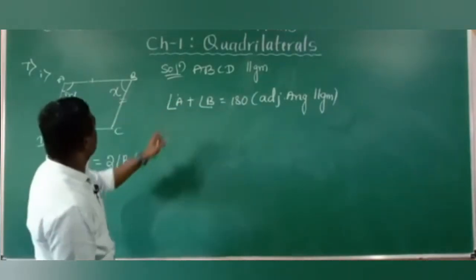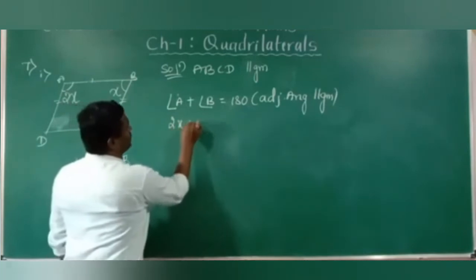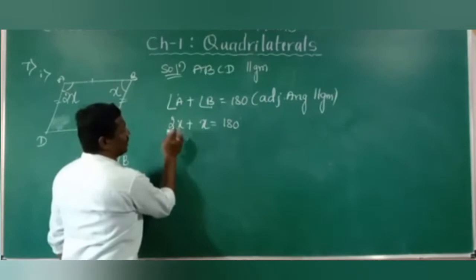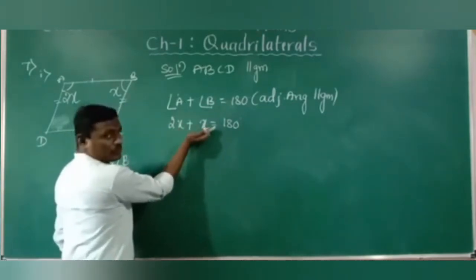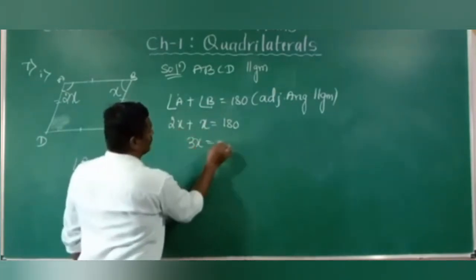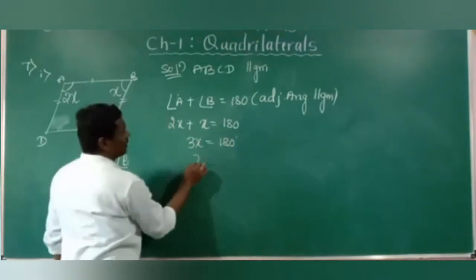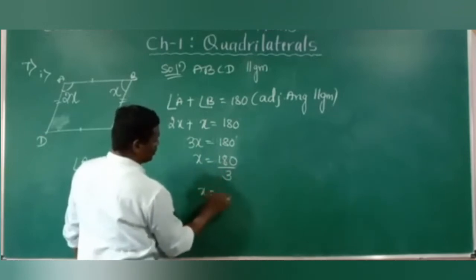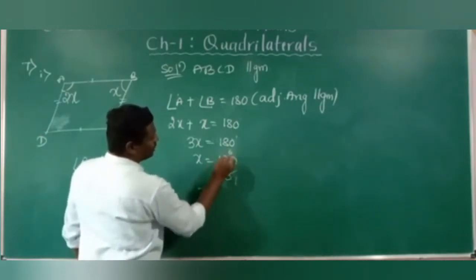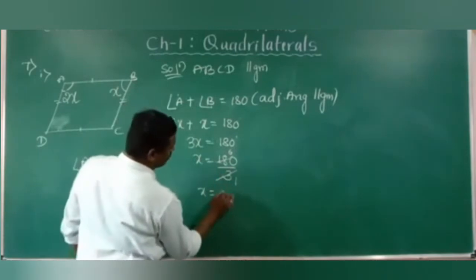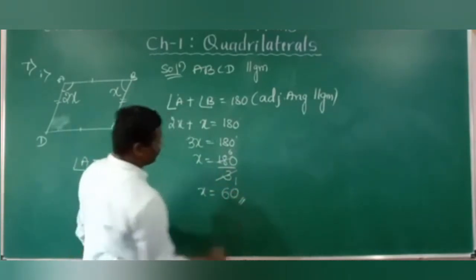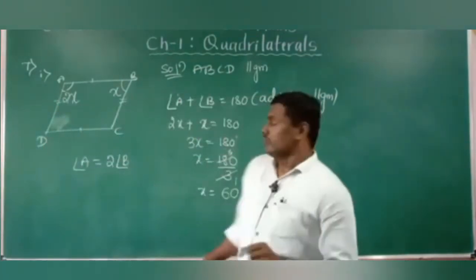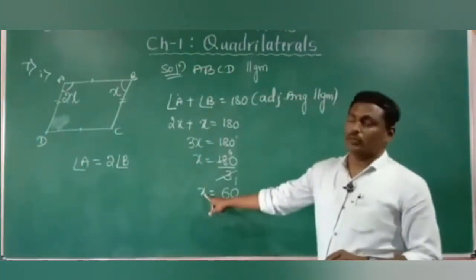So angle A is 2x, angle B is x, which is equal to 180 degree. 2x plus x, 3x is equal to 180 degree. Now x is equal to 180 divided by 3. 3 sixes are 18, so 0 remaining. Now x becomes 60. If x is equal to 60, what are you considering here?